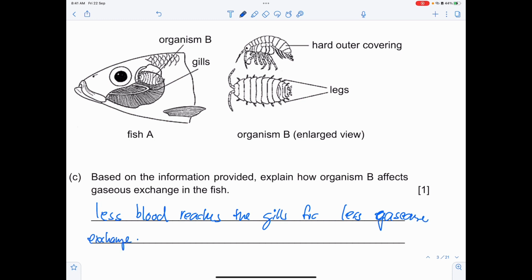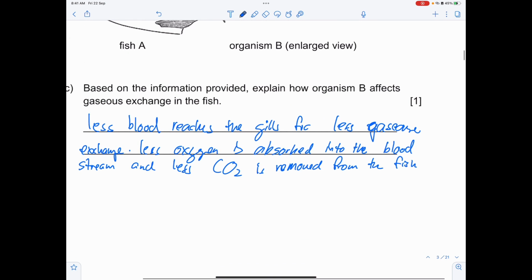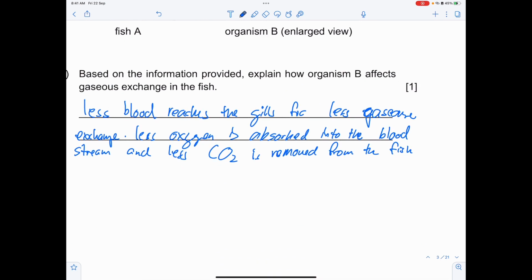So less oxygen is absorbed into the bloodstream, and less carbon dioxide is removed from the fish. Please do not use the chemical formula CO2. Spell out the whole thing in the exam.